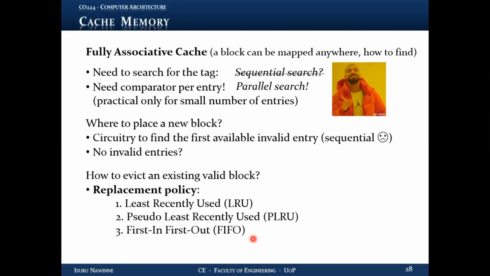When a new block is fetched from the memory, you update a particular location or flag in the cache, but not every time that it is referenced. So first in first out is a very simple implementation. It's a simpler cache controller, but the likelihood of picking the least recently used cache block is lesser compared to PLRU.